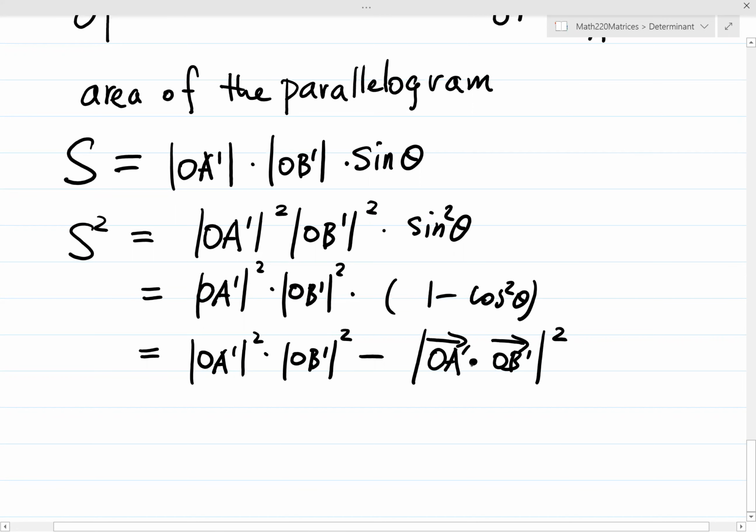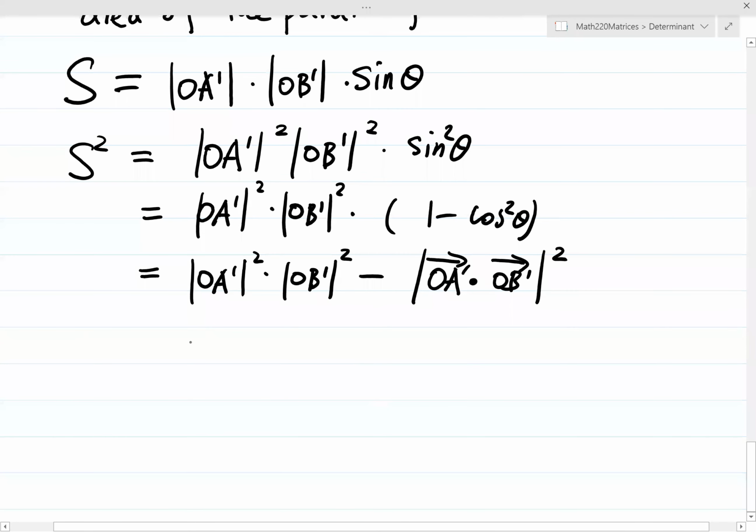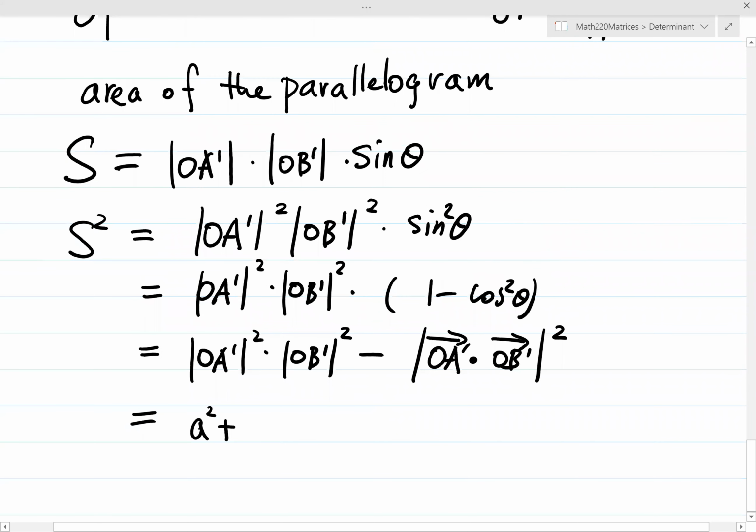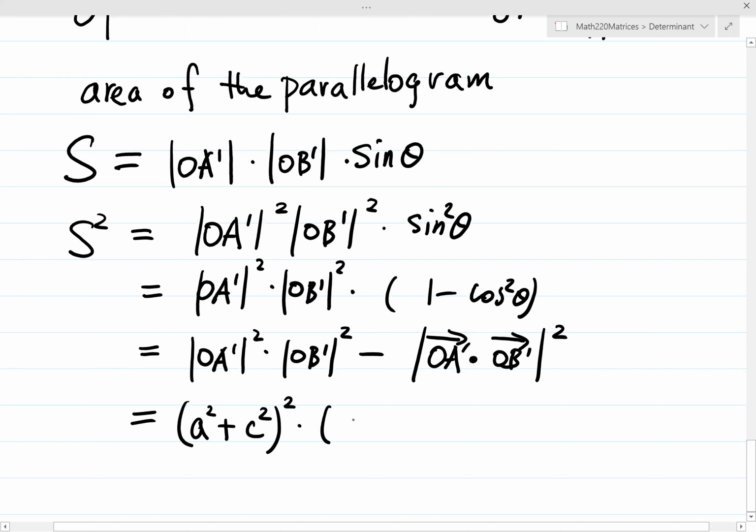So we have the coordinates. OA prime squared will be A squared plus C squared, since A prime is AC, and OB prime squared is B squared plus D squared.